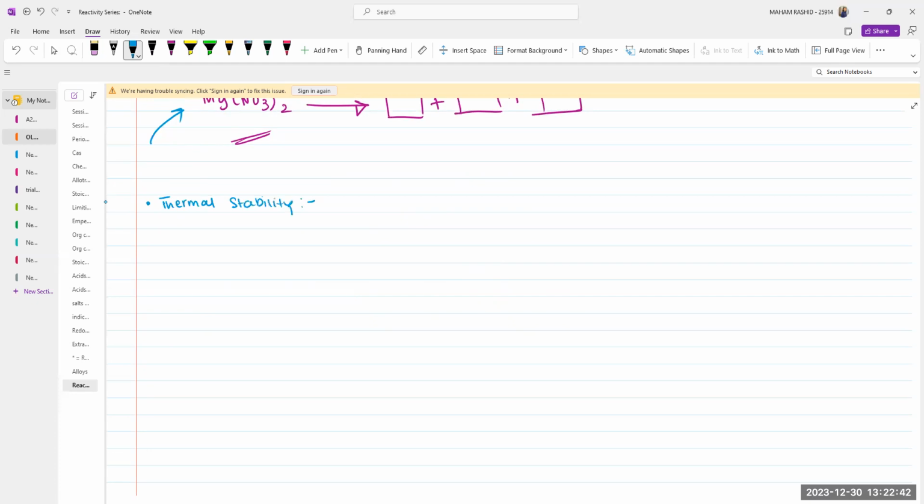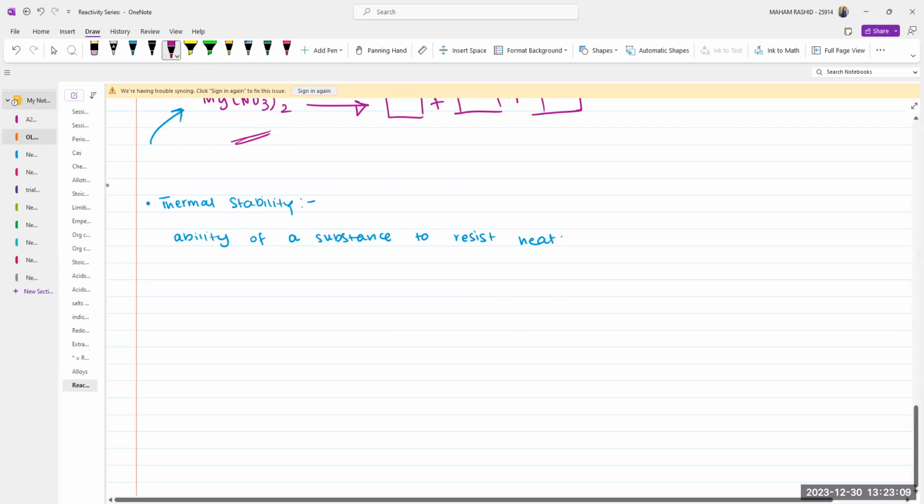Thermal stability is the ability of a substance to resist heat. So the more thermally stable your substance is, the more heat it can endure until it decomposes, right?